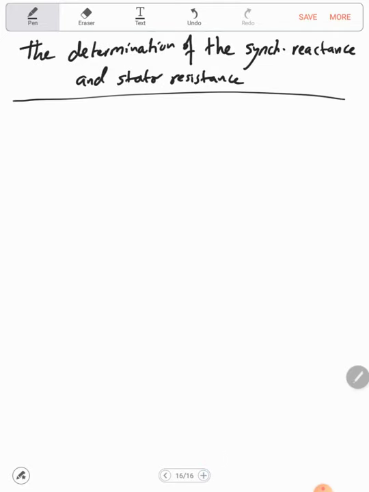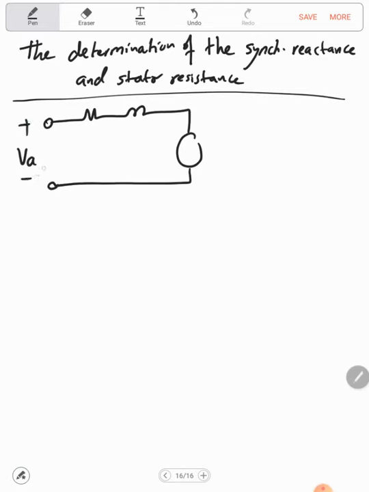So let's replot the per-phase equivalent circuit. This will be the VA, this will be the RS, this will be the jXS, and this will be the EA.